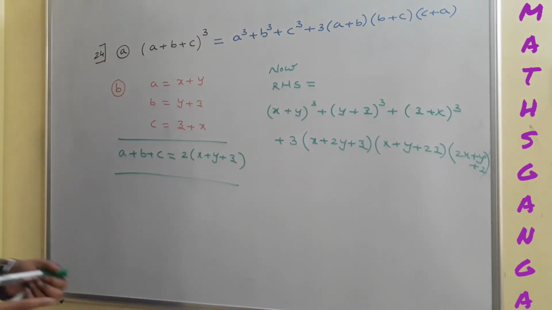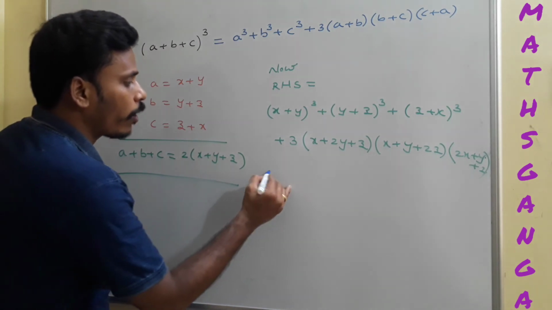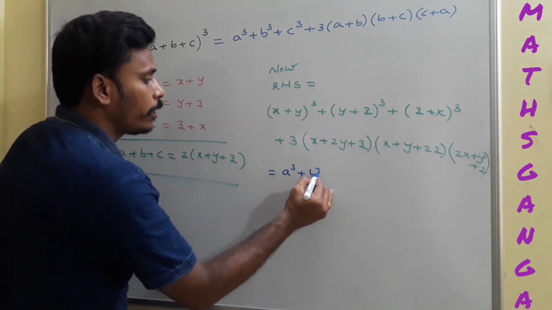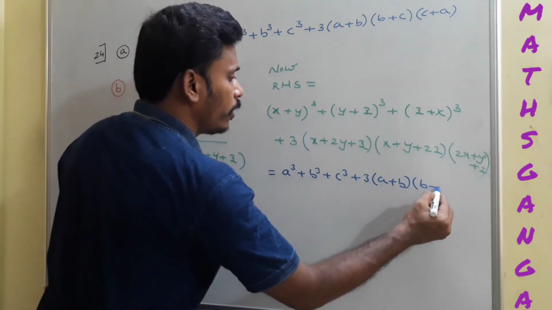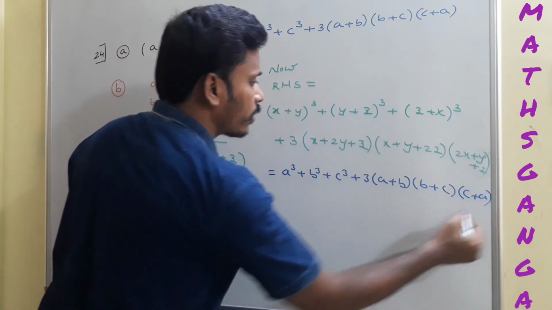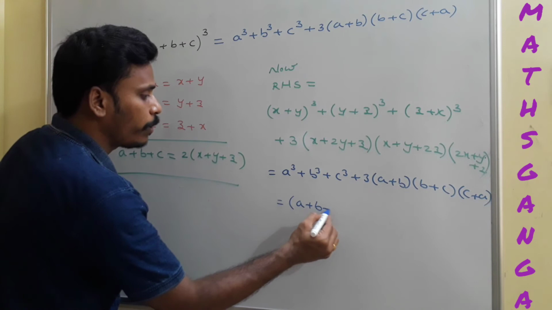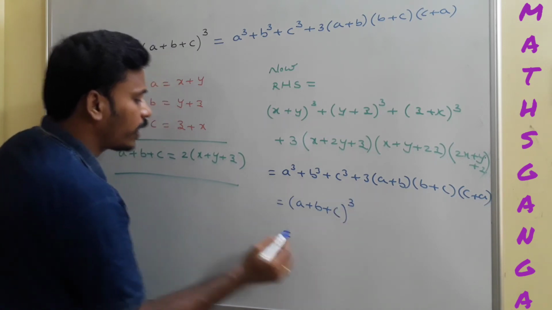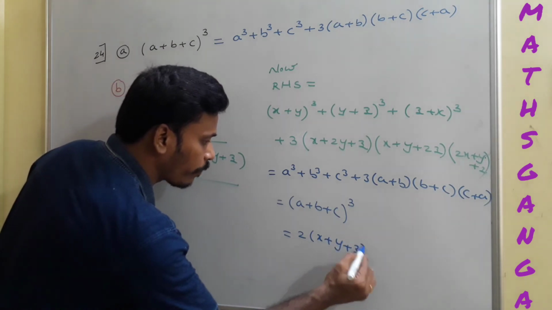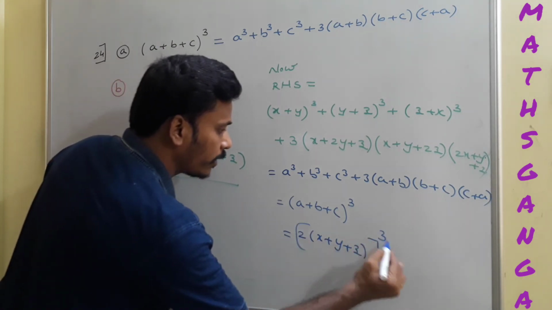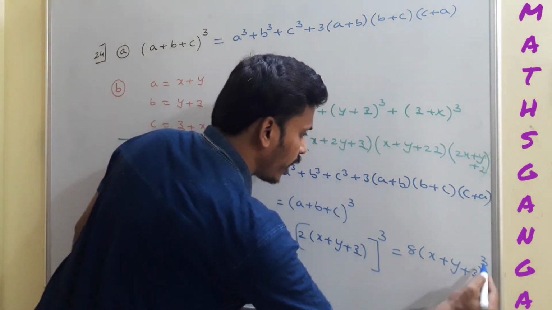Okay? If anywhere you face this situation, it is of the format A cube plus B cube plus C cube plus 3 times A plus B, B plus C, C plus A. And as we discussed, this is equal to A plus B plus C whole cube. And that A plus B plus C is 2 times X plus Y plus Z whole cube, which is equal to 8 times X plus Y plus Z whole cube.